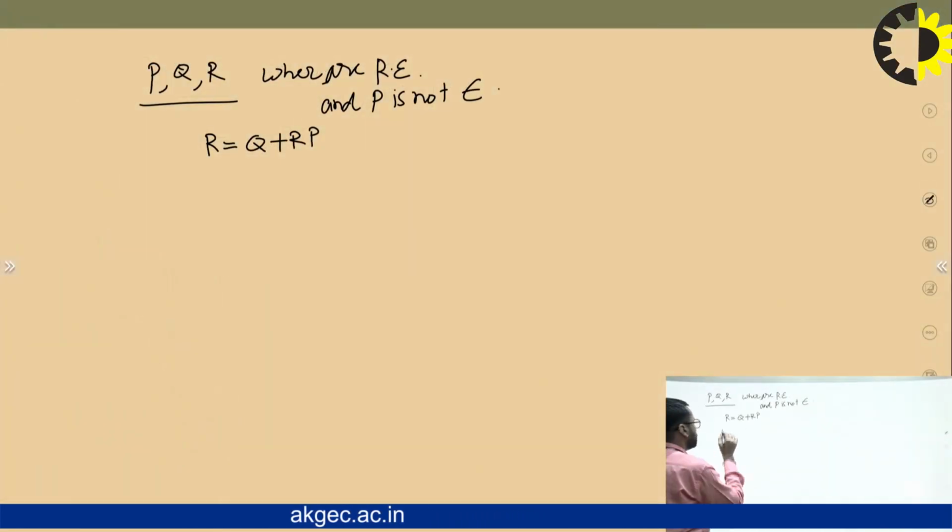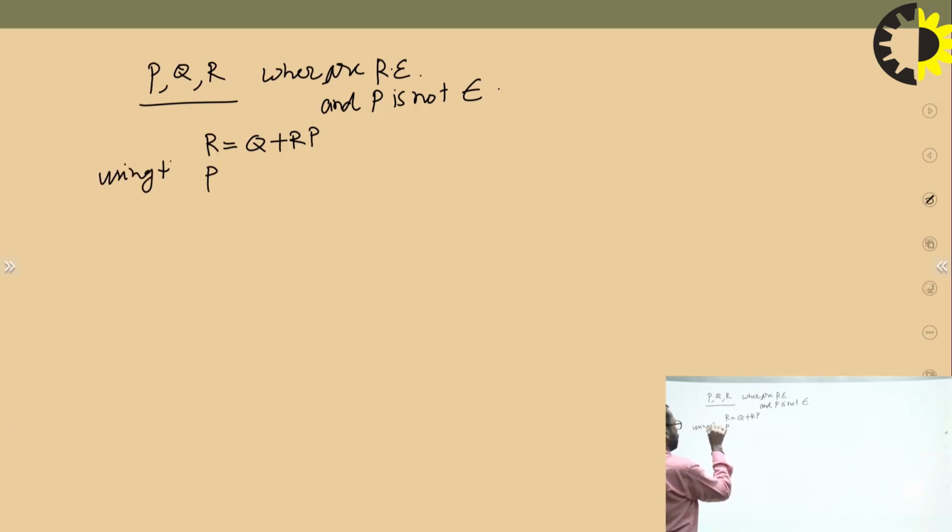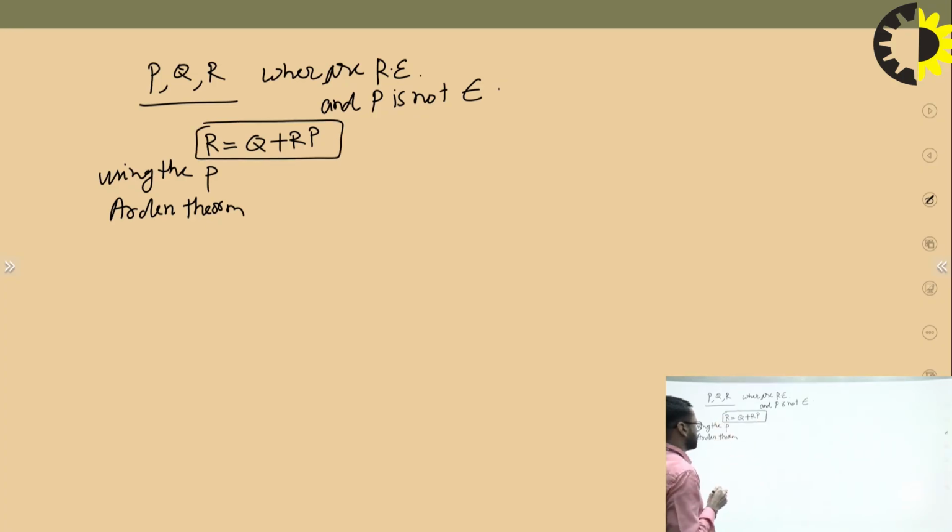Using Arden's theorem, we represent this basic structure of the regular expression in the form R equal to Q P star, where P and Q are two different regular expressions.